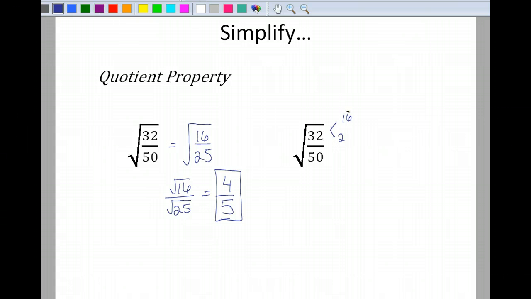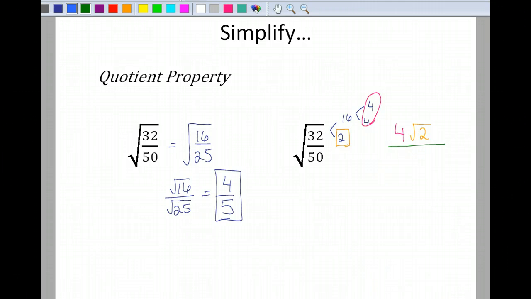When I see that one, I get excited because I know that that's 4 times 4. Even though that's not factored completely, I've got a pair. So I know that these two guys are going to go out, and this poor little 2 is going to stay home. So I have 4 times the square root of 2 in my numerator.